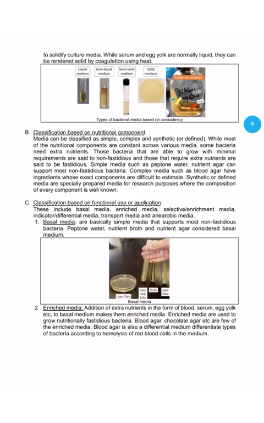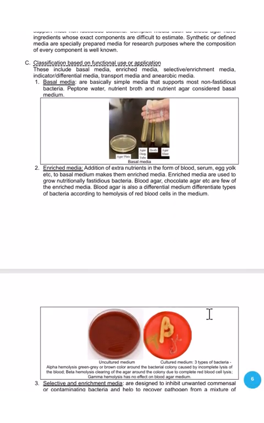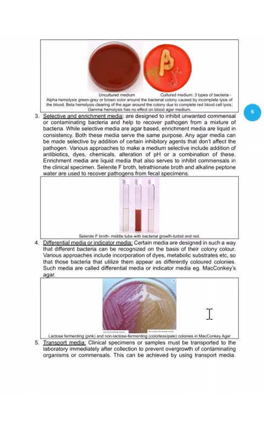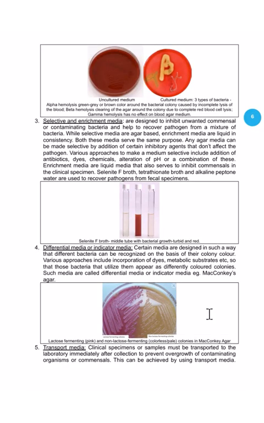So at the end, it is enriching the medium with more nutrients, and this is where the fastidious bacteria can grow. But this type of medium can also be used as a differential medium, because in this photo, for example, this is blood agar, and there is no growth here in this petri dish because this is a solid medium.